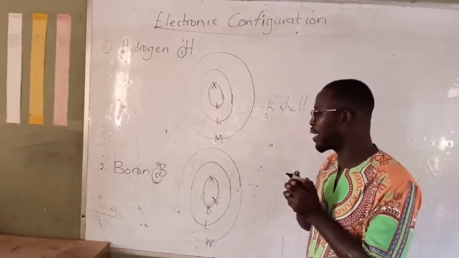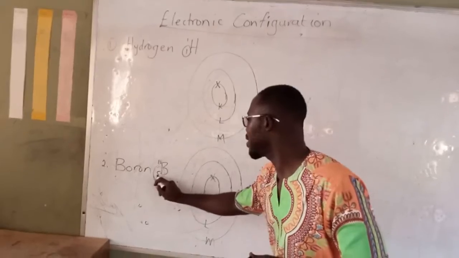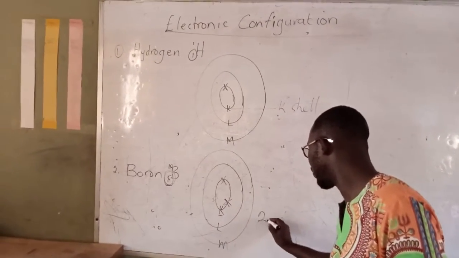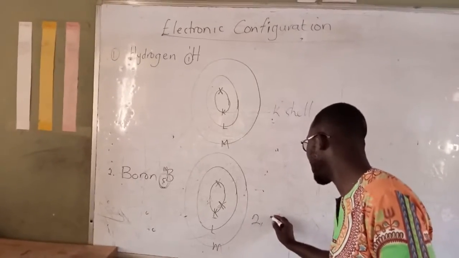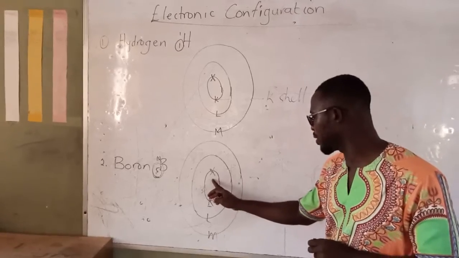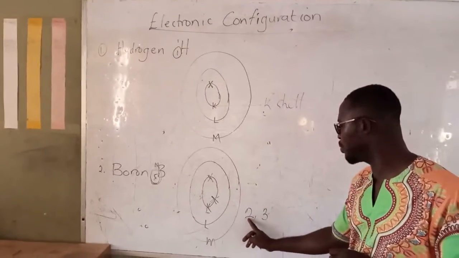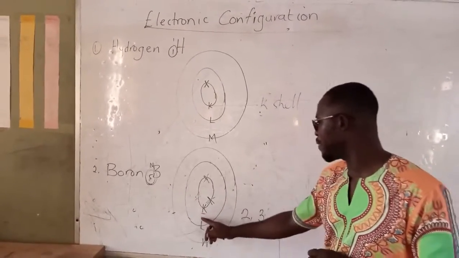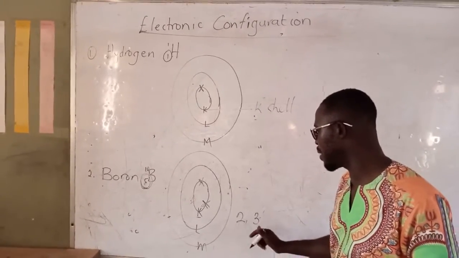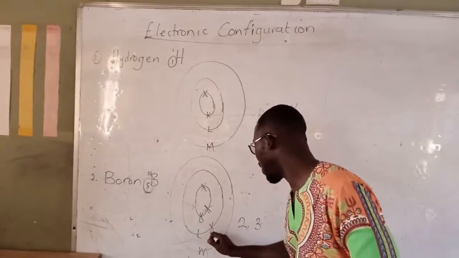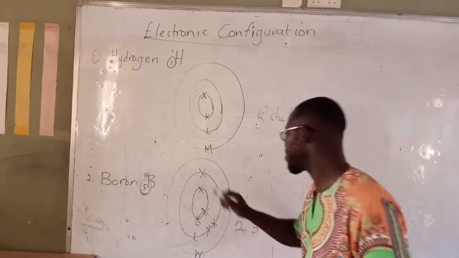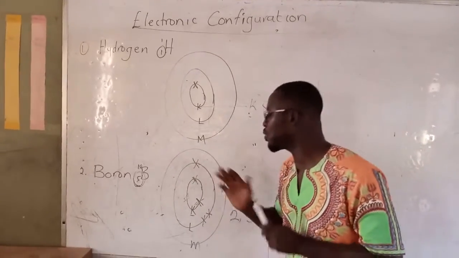It is satisfied, but you realize that there are some more electrons left. So we write 2, comma, and then 3. This means the first shell, the K shell, is taking 2 electrons, and the L shell is taking 3 electrons. So quickly, we have 1, 2, and then 3. The position does not really matter.